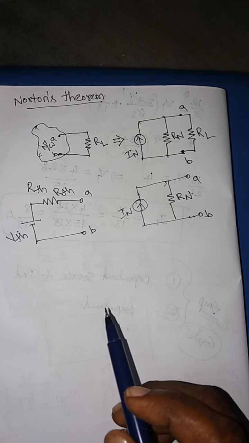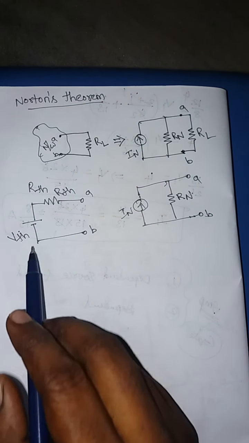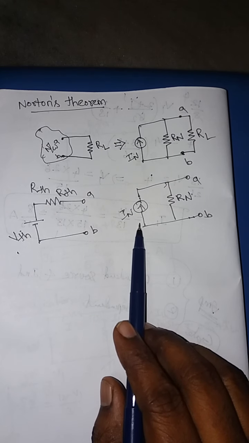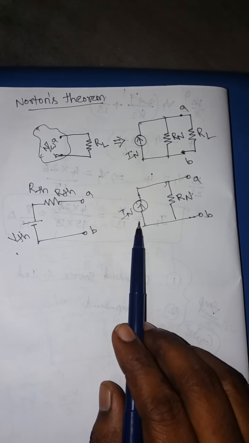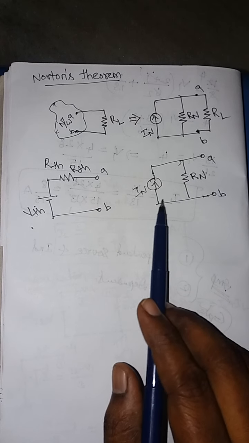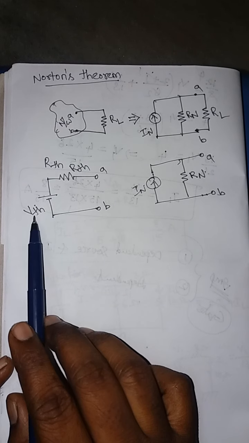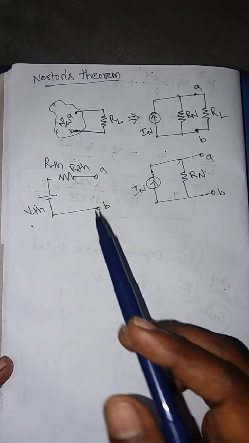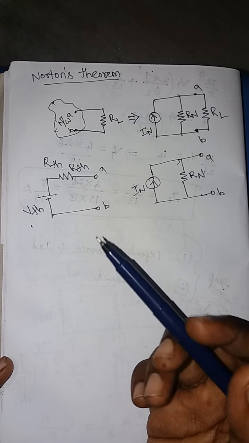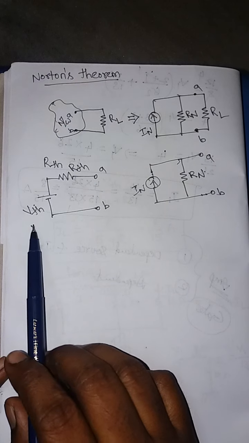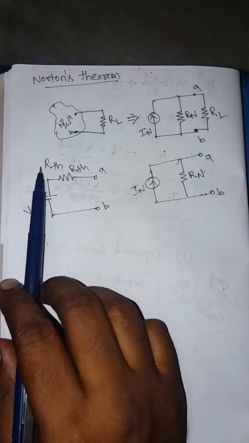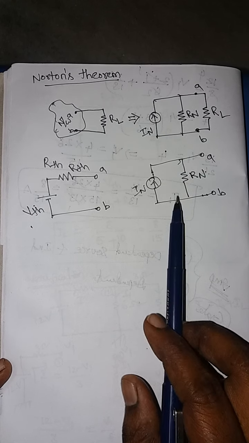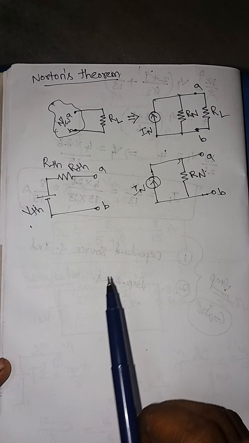So now if you observe this, VTH is the open circuit voltage and IN is Norton's current, which is the short circuit current. When we apply Thevenin's theorem, the load terminals have to be open circuited, and in the case of Norton's, the load terminals have to be short circuited. This is the first one.